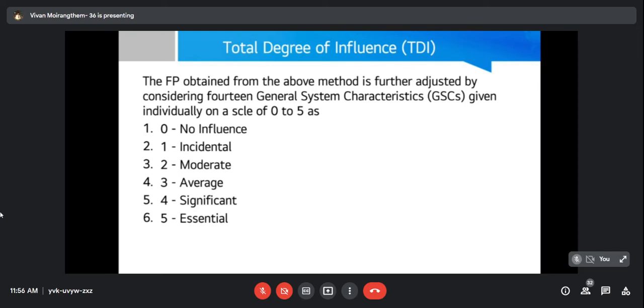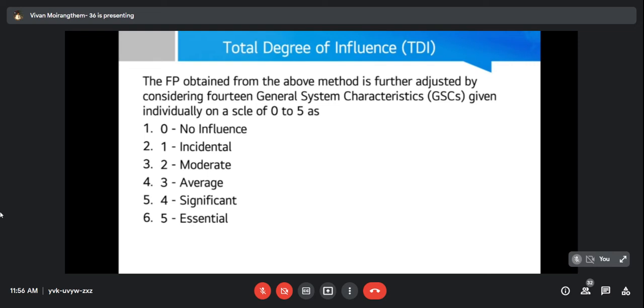Now for this calibration, we will be using a set of 14 general system characteristics that are considered for this adjustment. Each of these 14 general system characteristics will have its own individual degree of influence, as in how influential they are in changing the UFP value that we have received before.